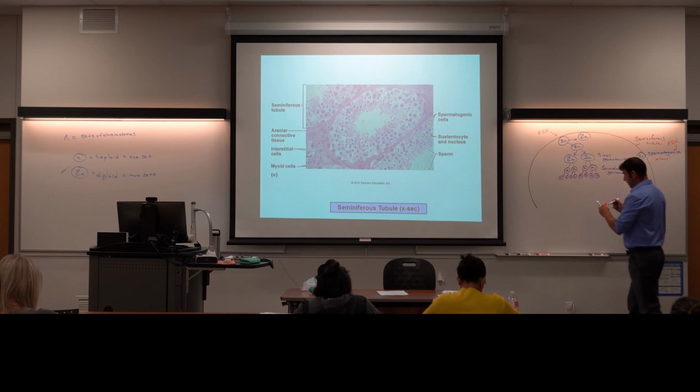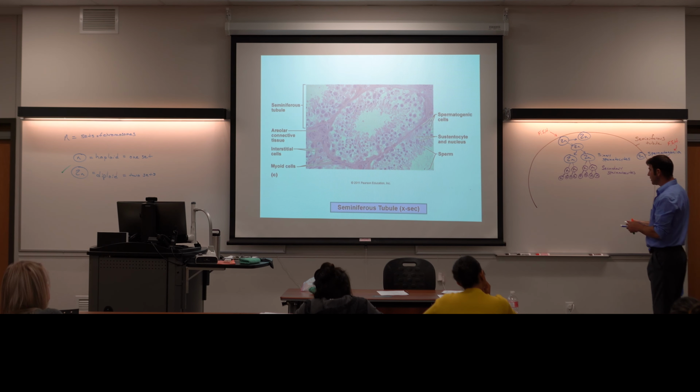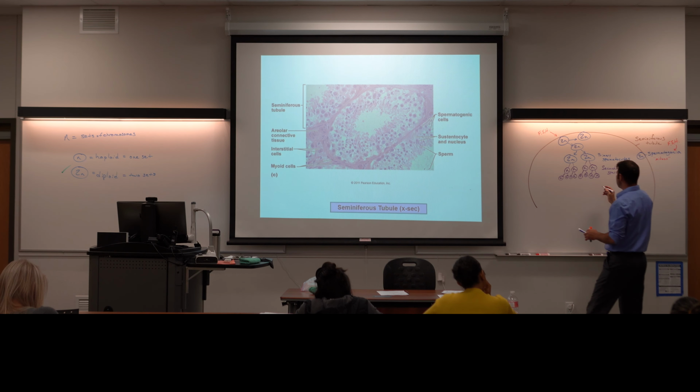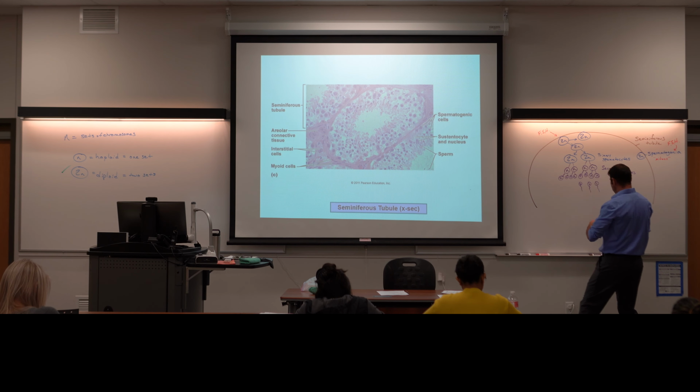The key difference is that secondary spermatocytes are all haploid cells. The immune system recognizes that these are not like normal body cells and sees them as a target and wants to take them out. It's these secondary spermatocytes that, if they don't get taken out, are going to end up developing tails and dropping into the lumen of this hollow tube.